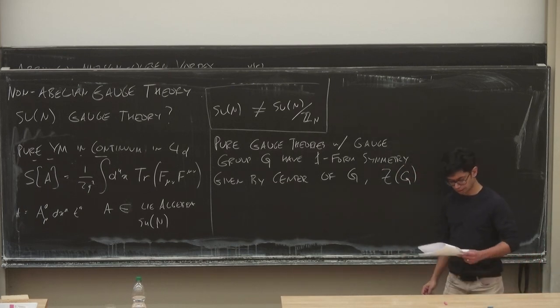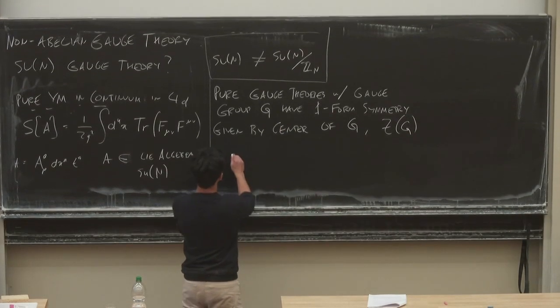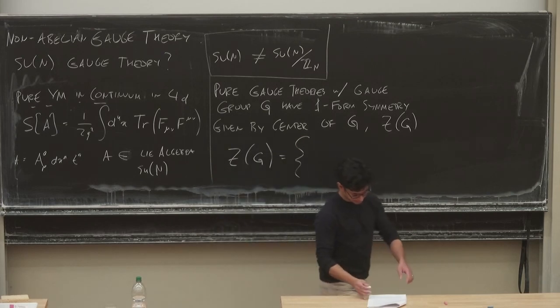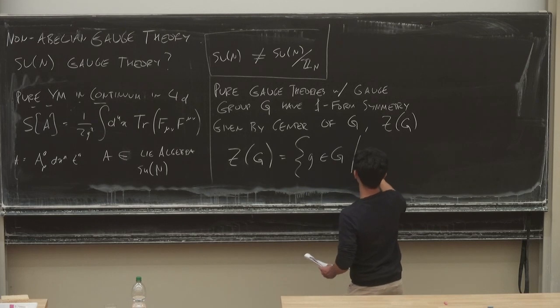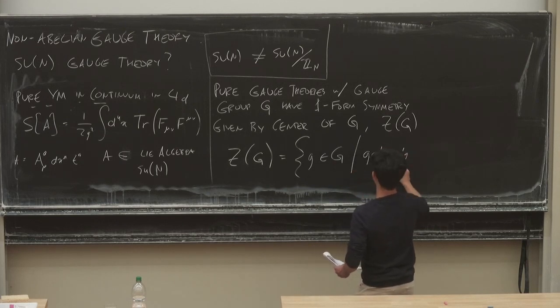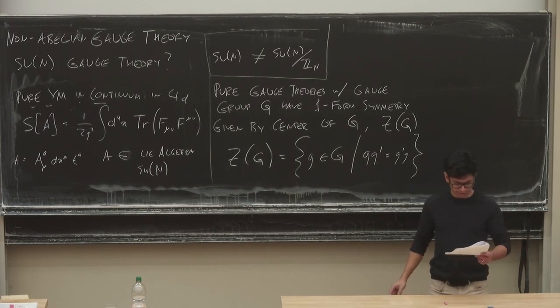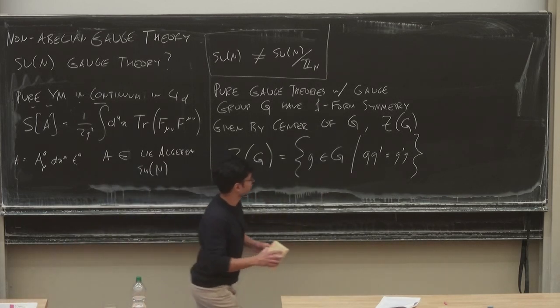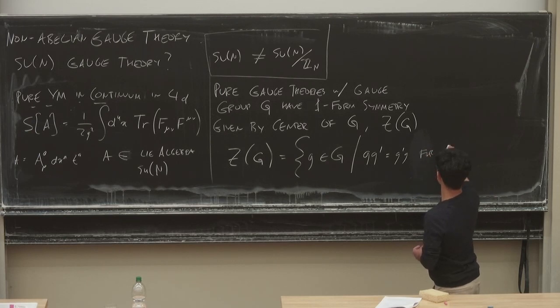Let me remind everyone what the center is. So the center of a gauge group G is the set of little g in big G such that g g' equals g' g for every g' in G. Okay?